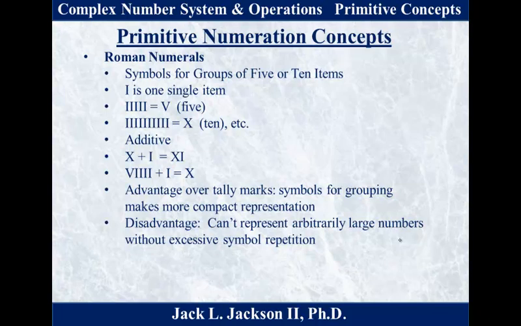Now the advantage this has over tally marks is that symbols for grouping make for a more compact representation. But they have a really big disadvantage compared to our number system, and that is that they cannot represent arbitrarily large numbers without excessive symbol repetition. At some point, they run out of symbols to represent the numbers. And then from there on, you have to repeat symbols just like you do with the tally marks.